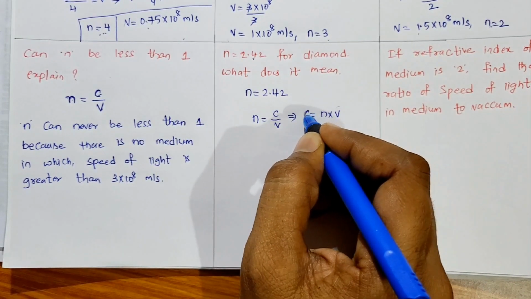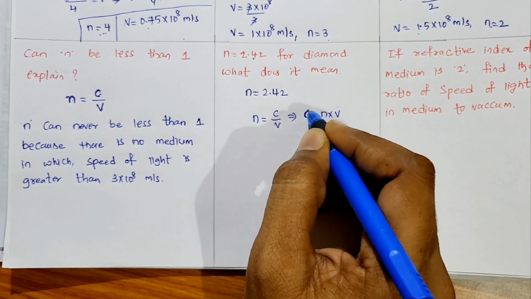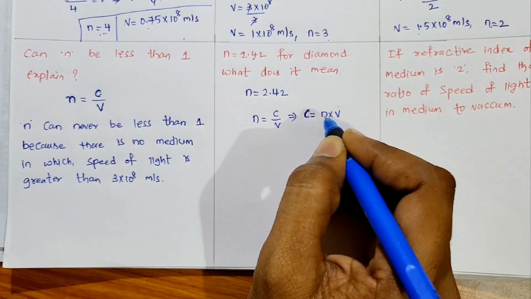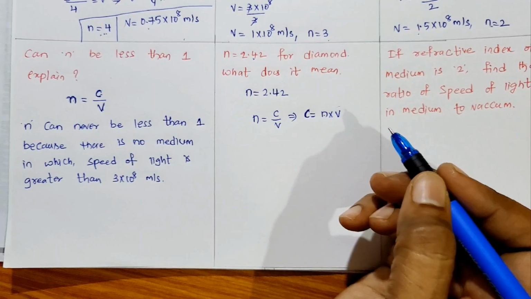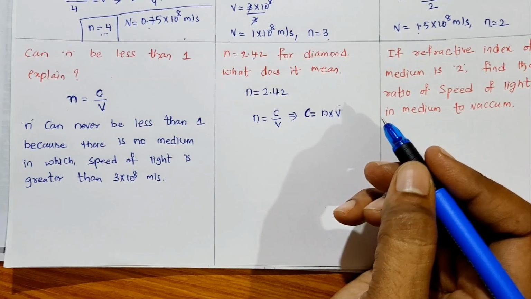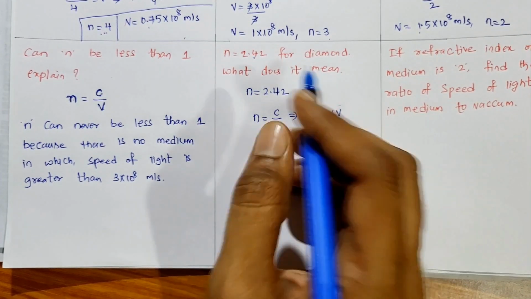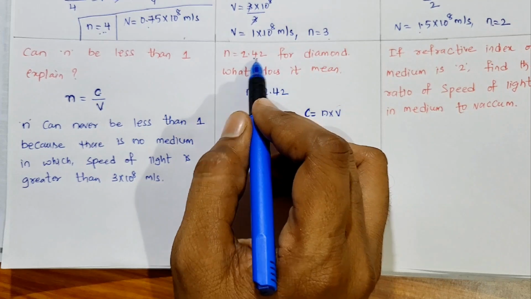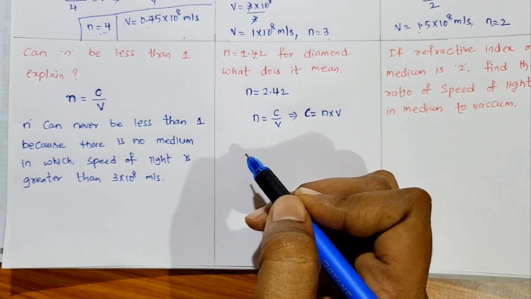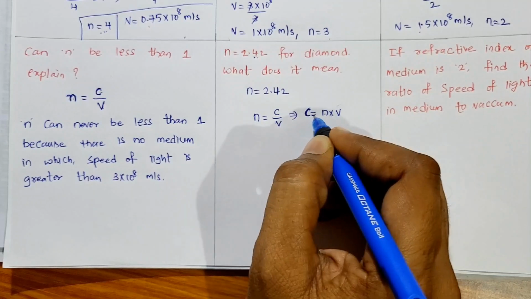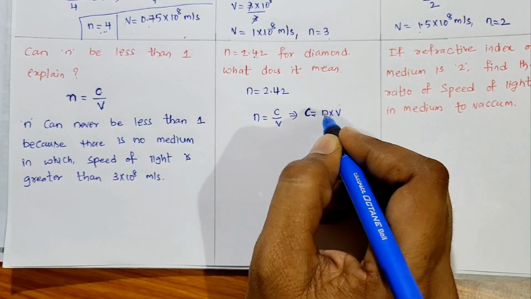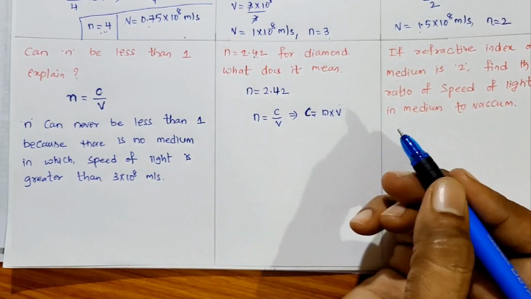So it means that the speed of light in air or vacuum is 2.42 times the speed of light in the medium. Understanding or not? So what can we write? Refractive index of diamond is 2.42. It means that the speed of light in air or vacuum is 2.42 times the speed of light in diamond.